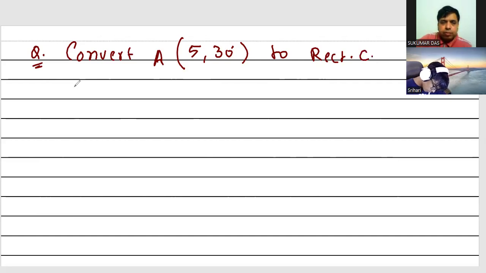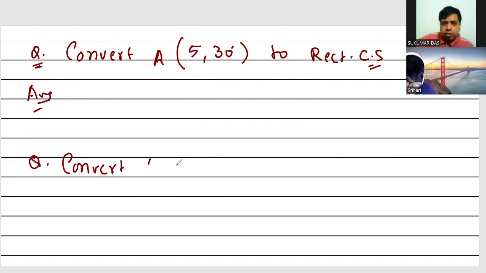Yeah, try to do it. And then one more we will do here: convert (2, 90 degree) to the rectangular coordinate system.